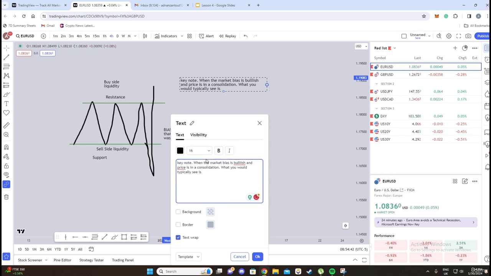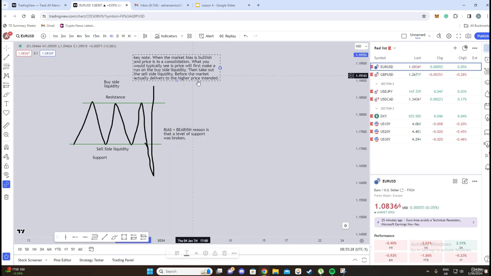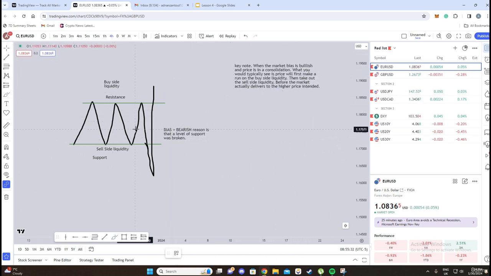What you would typically see is when the market bias is bullish and the price is in consolidation, what's gonna happen is price will first make a run on the buy side liquidity, then take out the sell side liquidity before the market actually delivers to the higher price intended. Yeah, that's how we spell it. Intended.